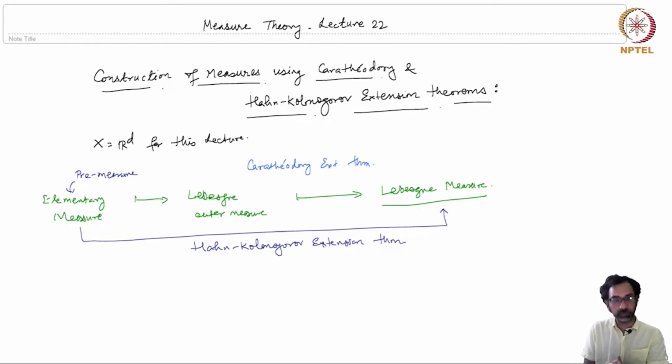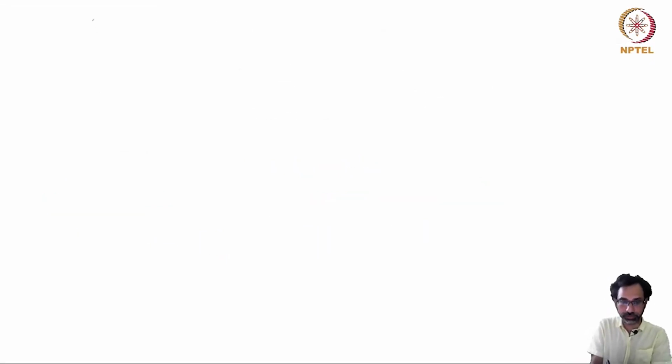So if we prove that the elementary measure is a pre-measure on the elementary algebra, then using the Hahn Kolmogorov extension theorem, it's not difficult to show that one gets exactly the Lebesgue measure. So let's see first this lemma.